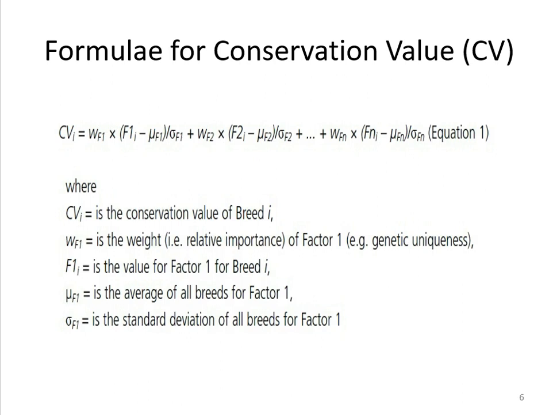For each factor we can calculate standardized values and then weighted values, and then we add all of them to get the conservation value. I will take you through an exercise which is given in the document provided by FAO, so we can easily calculate the conservation value of a breed.